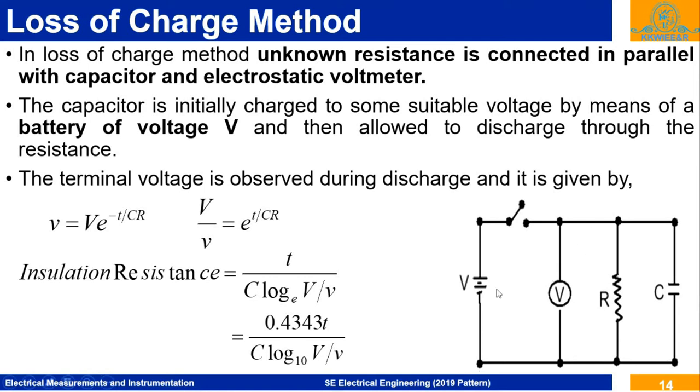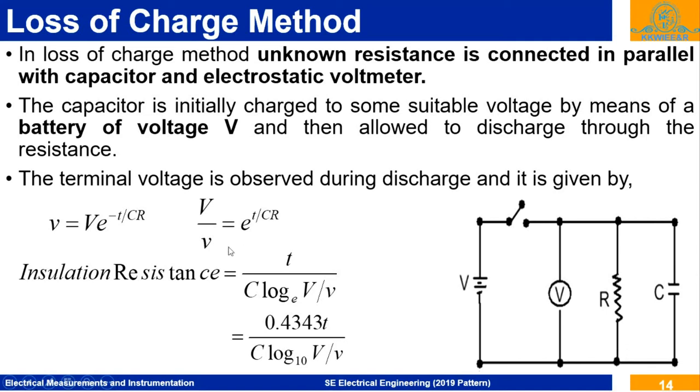As we close this switch, the current tries to flow through this circuit and will charge this capacitor C. But for the measurement of resistance, initially we charge this capacitor and then we discharge this capacitor through this resistance.